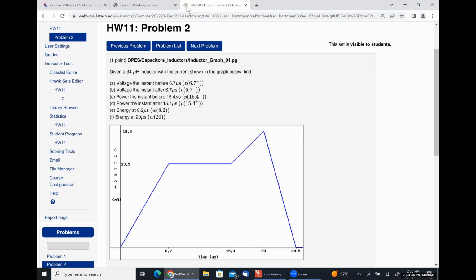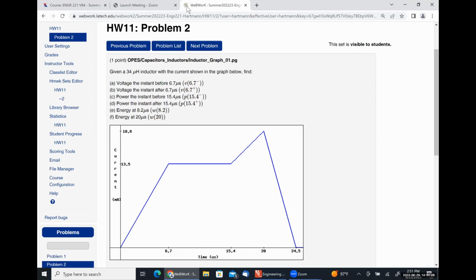Part C, it's asking you for the power the instant before 15.4 microseconds. Because the current was constant at the instant before that, the voltage was 0, which means the power should be 0. For part D, now we have an increasing slope, so we're going to have a positive voltage, multiply the voltage times the current.